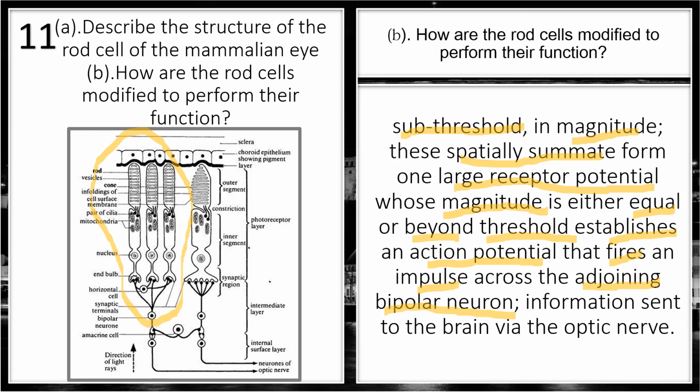And therefore, the information will be sent to the brain via the optic nerve. So when the impulse is generated through here, through summation, through the bipolar neuron, that information is carried to the brain via the optic nerve.